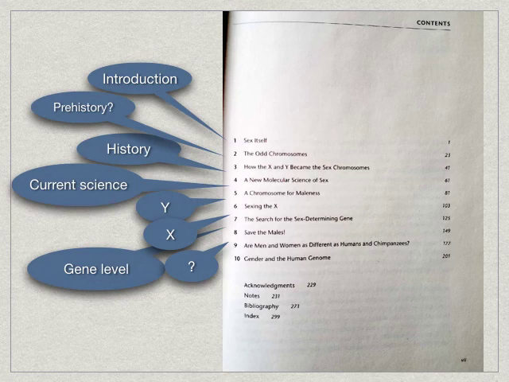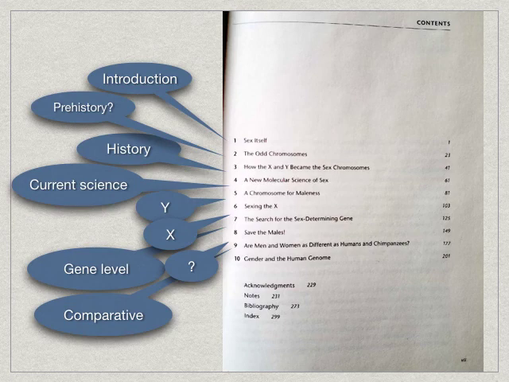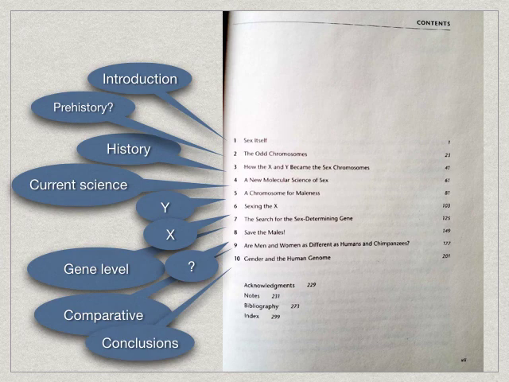We'll have to take a look at that. They're not all super clear, but the ninth chapter is obviously a comparative one, looking at humans versus other primates. And finally, the last chapter is going to contain a set of conclusions. So that gives you a pretty good idea of how the book is going to be organized.